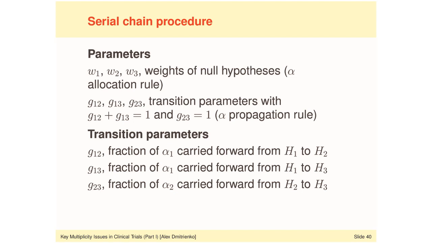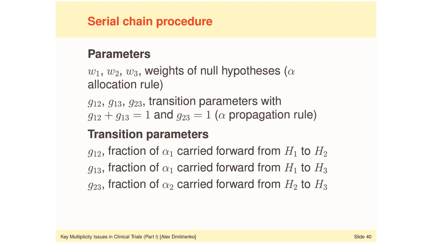These transition parameters are really the secret ingredient of efficient chain procedures, as I emphasized on slide 39. By using these parameters, we can custom build a chain procedure which is fully aligned with the predefined logical relationships.